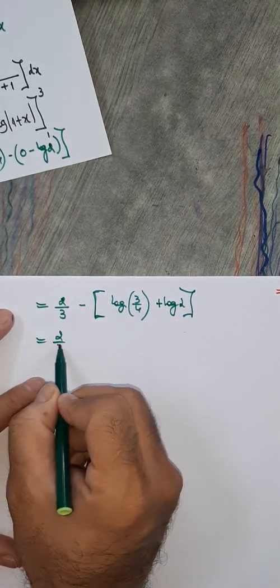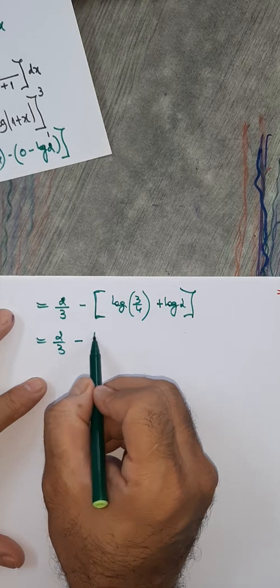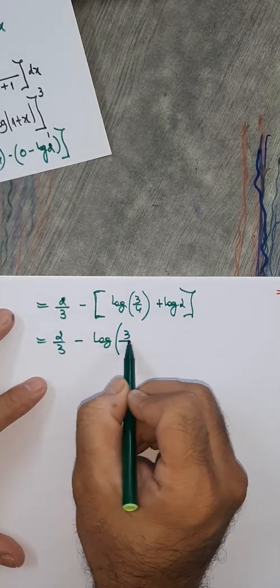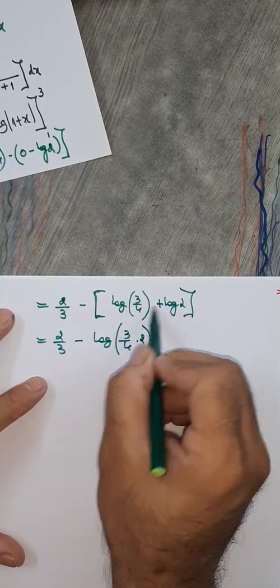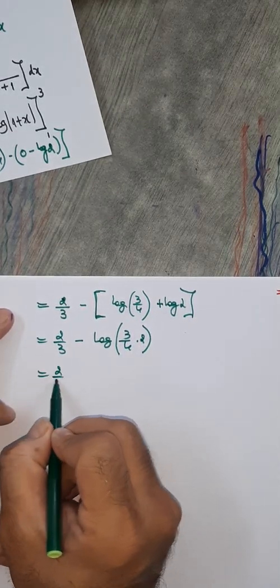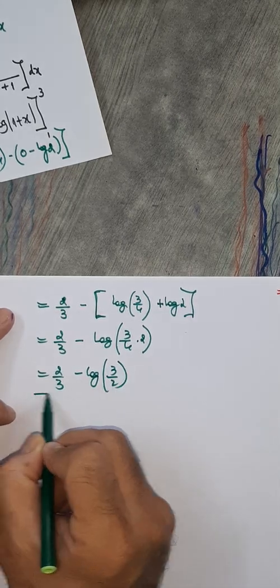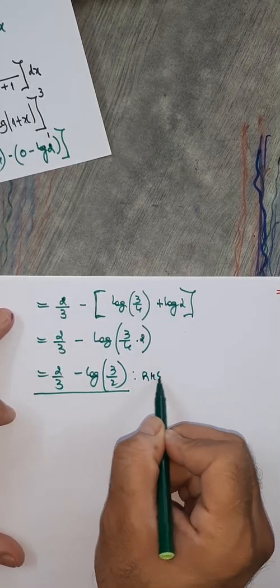And this equals 2 by 3, and addition becomes multiplication, so 3 by 4 into 2. So here 2 by 3 minus log of 3 by 2. That is the RHS, and hence proved.